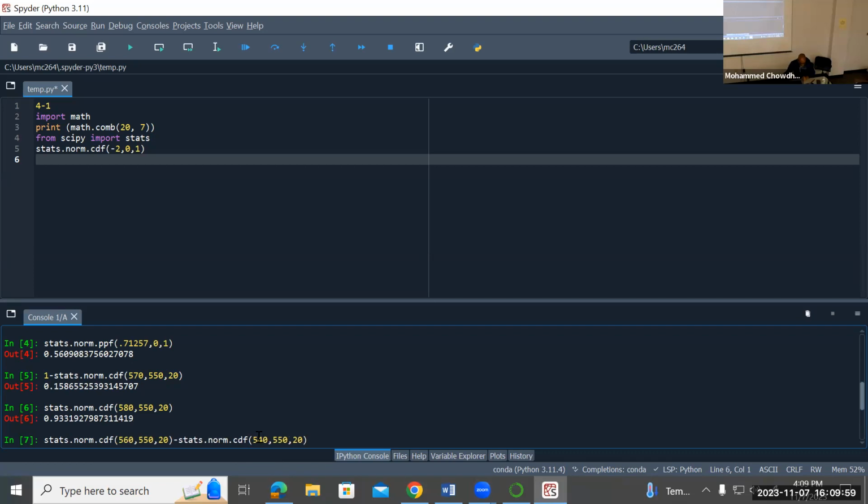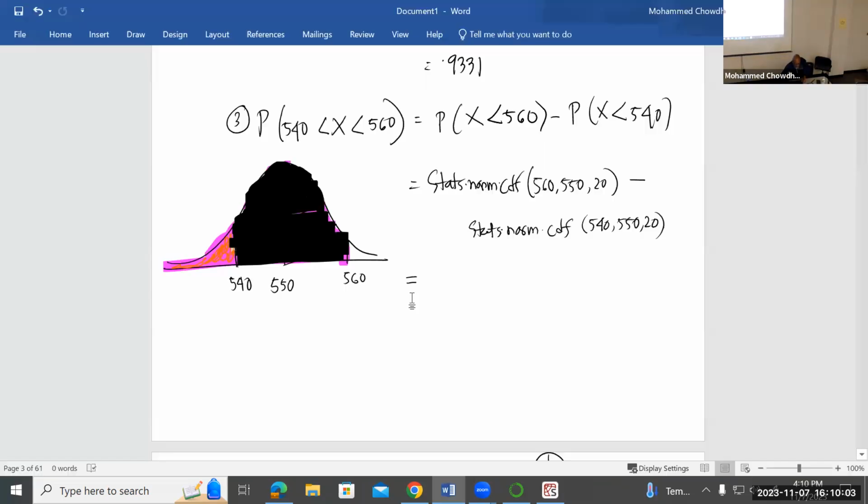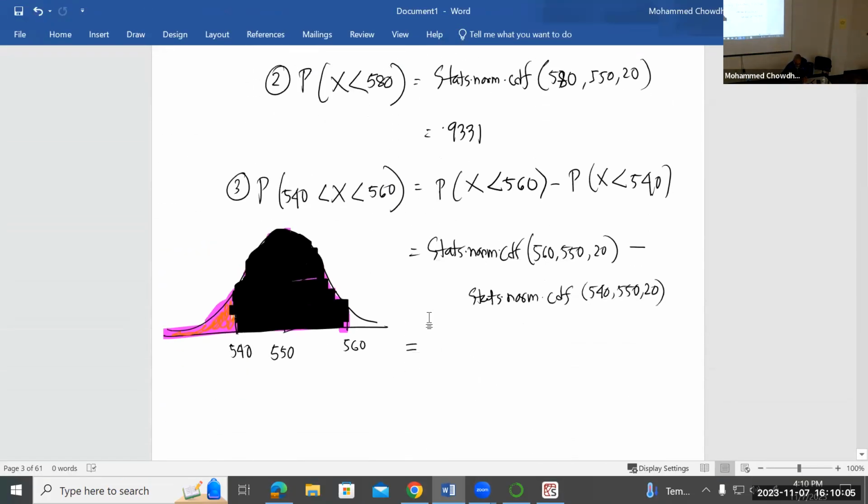That's it. 0.3829. I solved 3 problems, right? And you have absolute freedom to solve this problem by using Python. Up until here, anyone has any question?